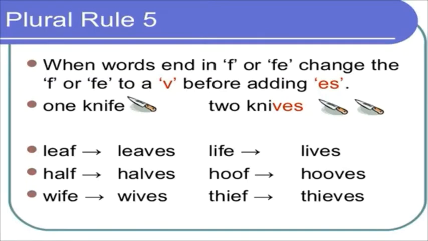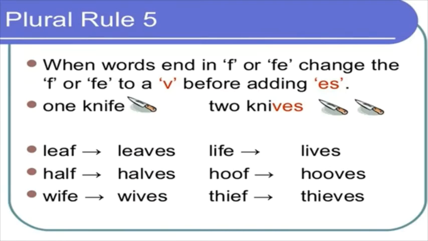If there is a singular countable noun that ends with f letter or fe, we have to pluralize it only adding ves. And you have to remove f, fe letters.